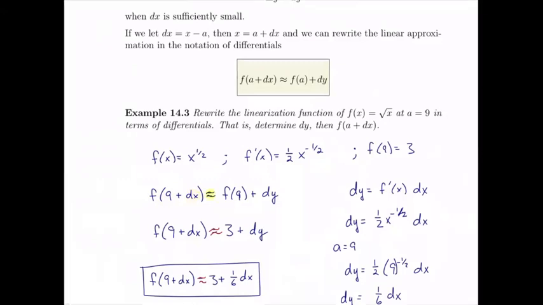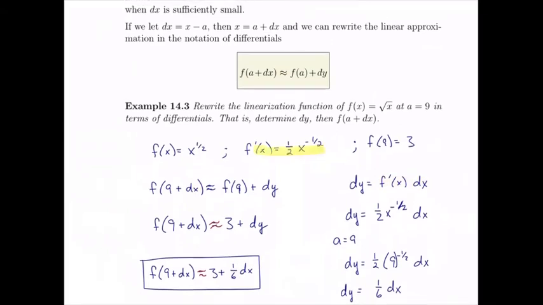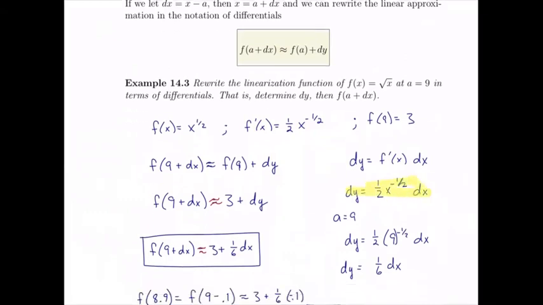Now this is approximately equal to the function evaluated at 9 plus dy. Remember what dy is from the previous page. Dy is f prime of x dx. Well, okay, f prime of x is the derivative of f, so we can write that down. So dy is written as this differential expression, 1/2 x to the negative 1/2 dx.